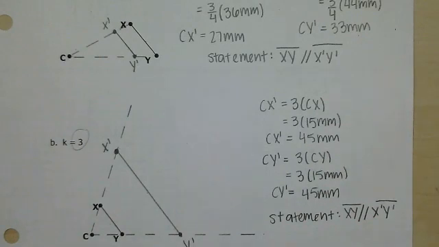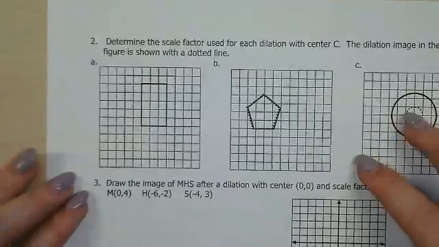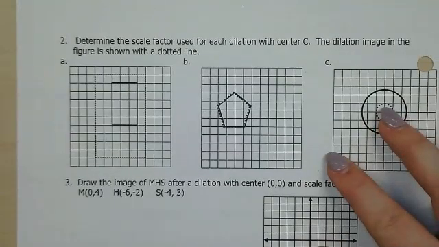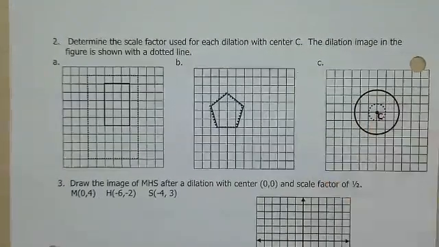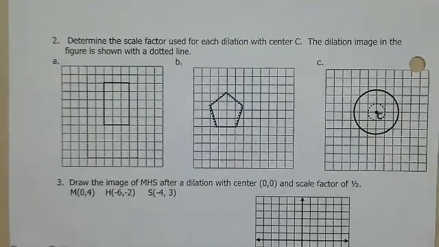All right, so if you will flip it over onto the back, now we're going to look at some figures that are given both the original and the new of the dilation, and we're going to come up with the scale factor. All right, so on number 2, it says determine the scale factor used for each dilation with a center C. The dilation image in the figure is shown with a dotted line.